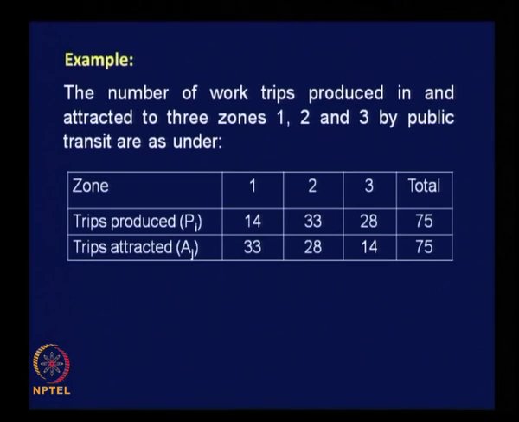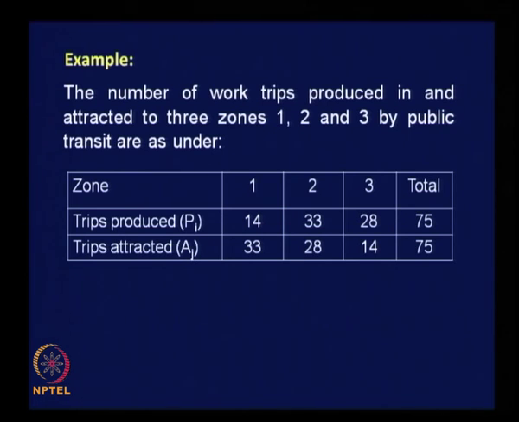Zone number, trips produced Pi and trips attracted Aj. Zone 1 produces 14 trips and attracts 33 trips.